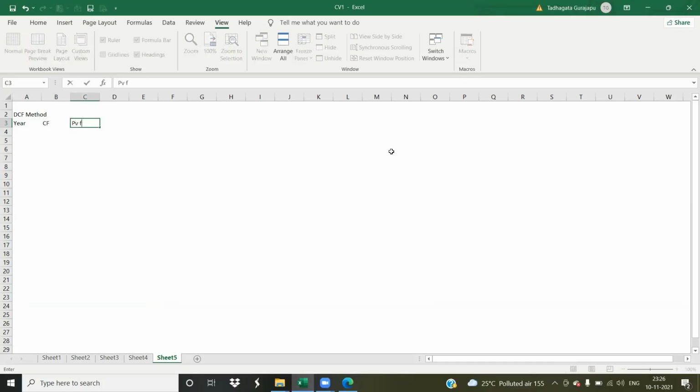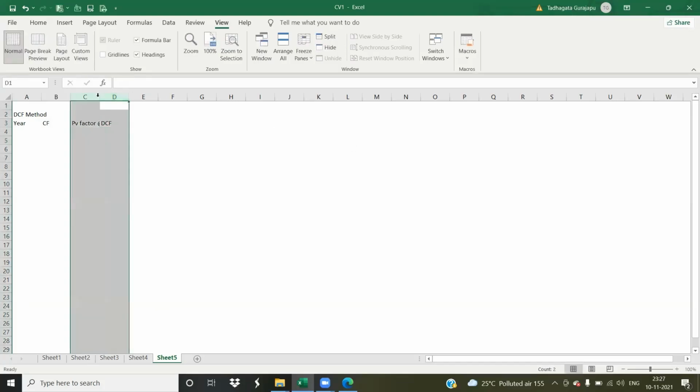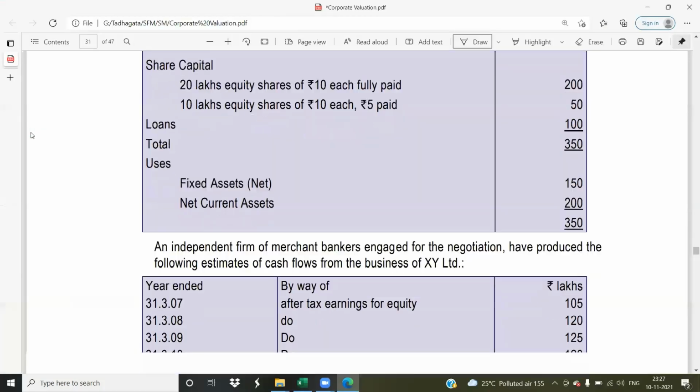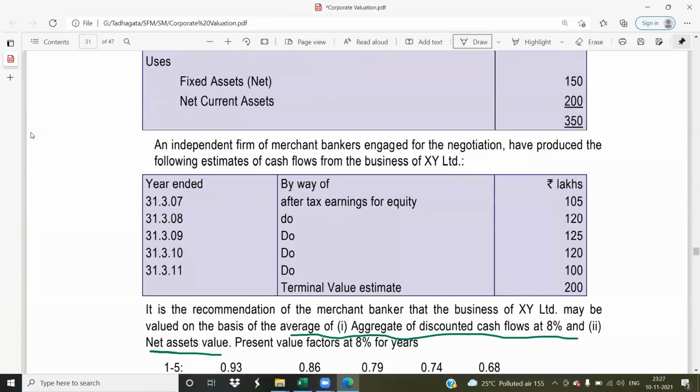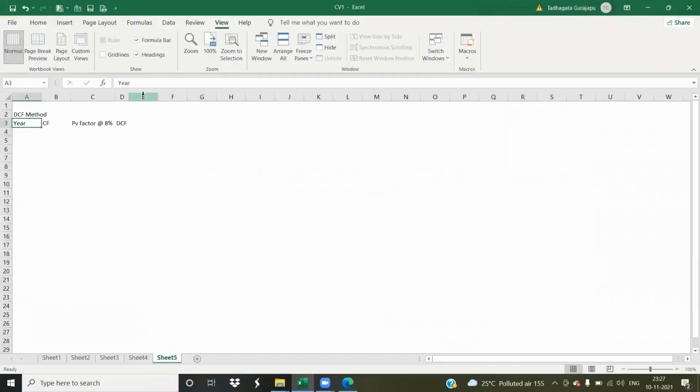Here, cash flow, PV factor at 8%, then DCF. How many years? Okay, year ended.